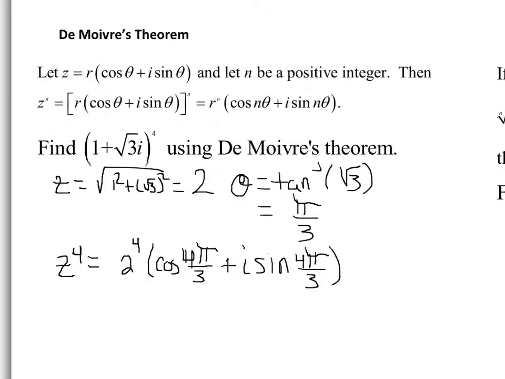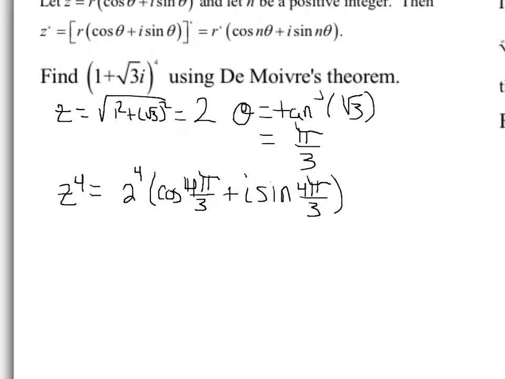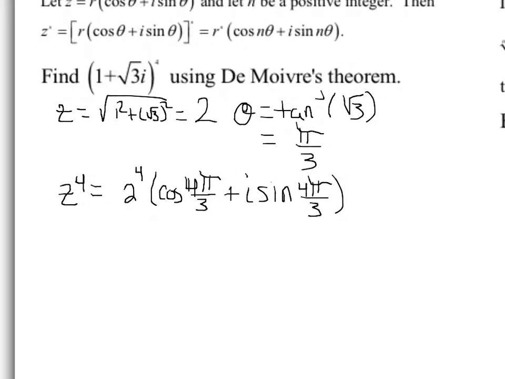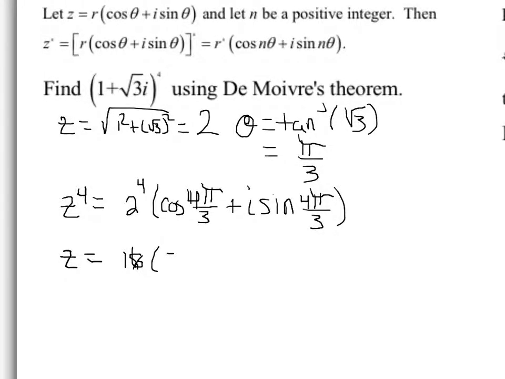And then if we keep going into standard form here, you would get z equals, let's see, 2 to the 4th, 16. Cosine of 4 pi over 3 is negative 1/2, plus i times sine of 4 pi over 3, negative square root 3 over 2.